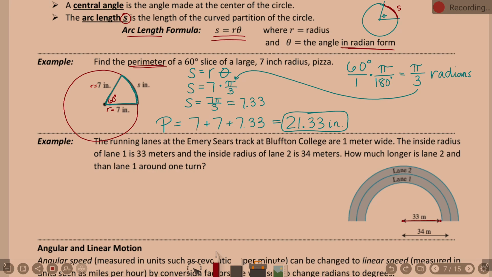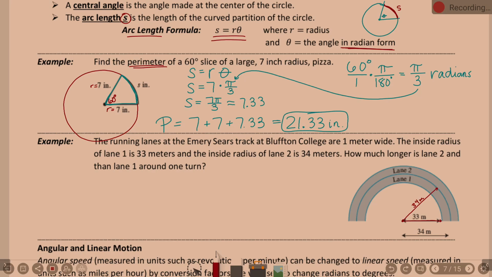And this is saying 34, so from the center of the circle to the inside of lane 2 is 34 meters. That's the information they're giving. And they also stated that each lane is 1 meter wide. That makes sense that there's a difference of 1 meter in those measurements.